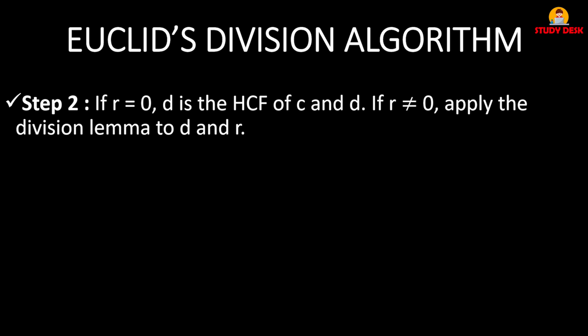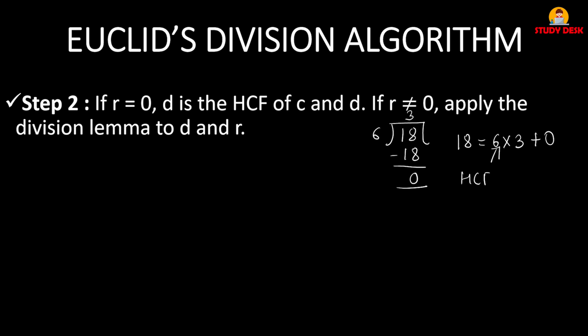Let's understand this step. So let's say you have two numbers 18 and 6. 18 is greater than 6. Let's do the division. We will get 6 3s are 18. Now at this step itself we got the remainder as 0. So we will write it as 18 is equal to 6 into 3 plus 0. The divisor at this stage, 6, will be the HCF of 6 and 18.